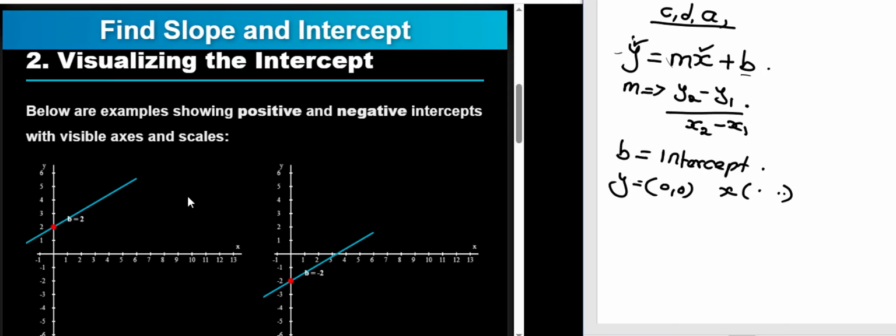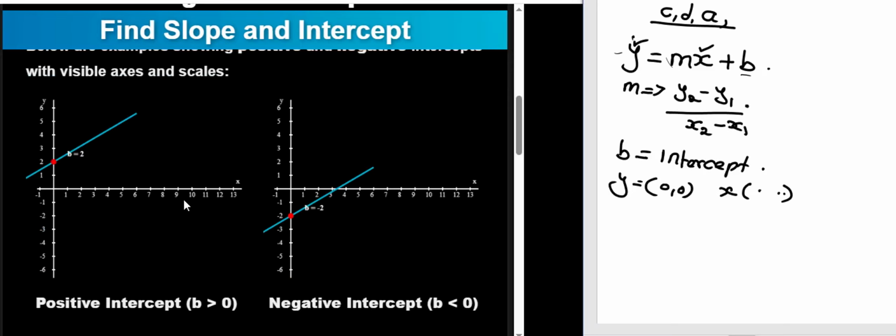So, b represents the y-intercept. But what is y-intercept? Y-intercept is the value we get from a line where it cuts the y-axis when x is 0. So for example, let's look at this line. You see, in this line, here, both x and y are 0.